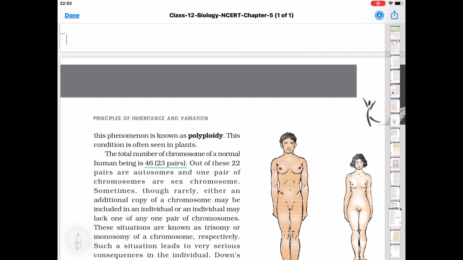Out of these, 22 are autosomes and 1 is the sex chromosome. So sometimes when one extra chromosome is added, that condition is known as trisomy, and when one is deleted, that is known as monosomy.